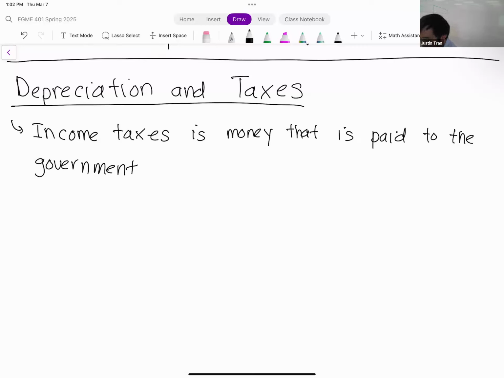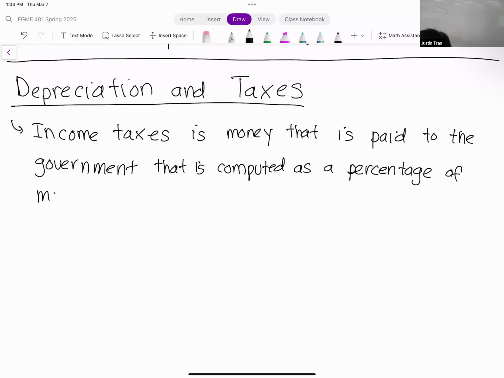It's computed as a percentage of the money that is earned by a company. So that's the key component there.